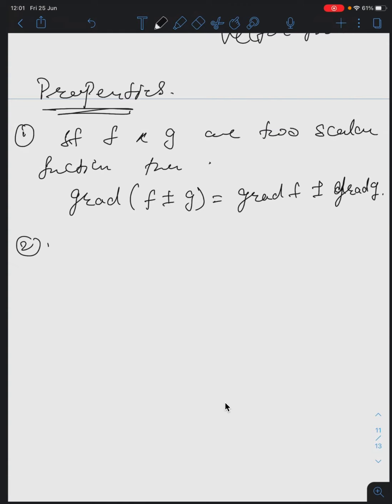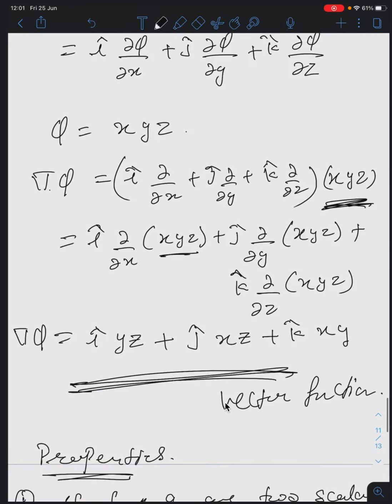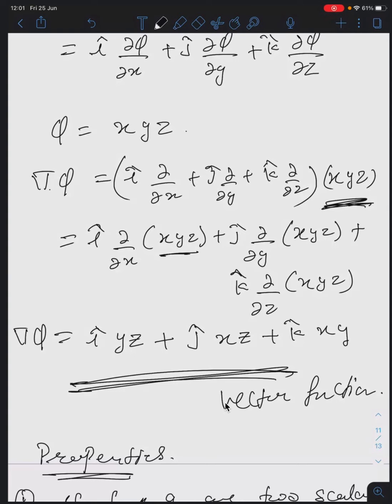Now here, without writing, I want to ask: what should be the necessary and sufficient condition for a scalar point function, what kind of thing it should be, so that the gradient of that scalar function is a zero vector? Suppose del phi is equal to zero vector, what should be my phi?